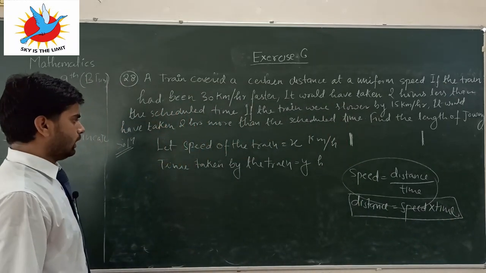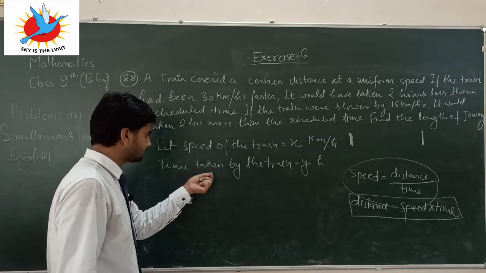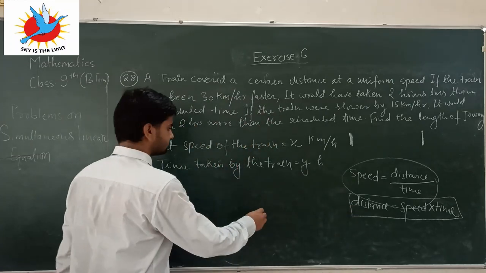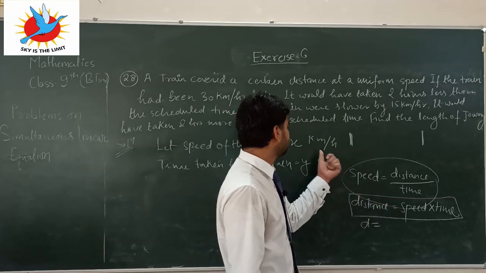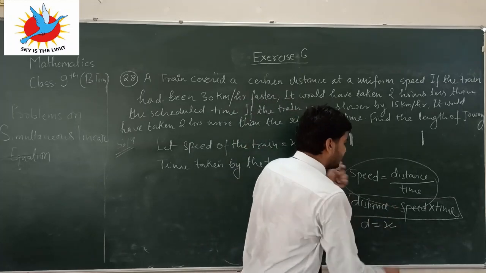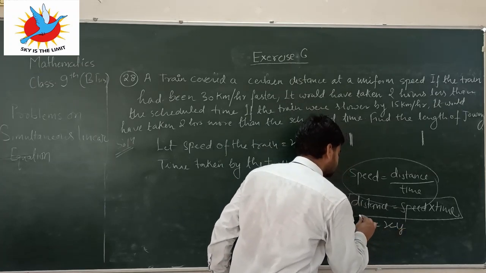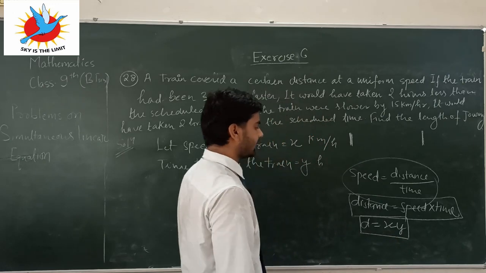The actual speed of the train is x and the actual time taken by the train is y. So the distance d will be equal to the speed of the train x into the time taken y, that is xy.